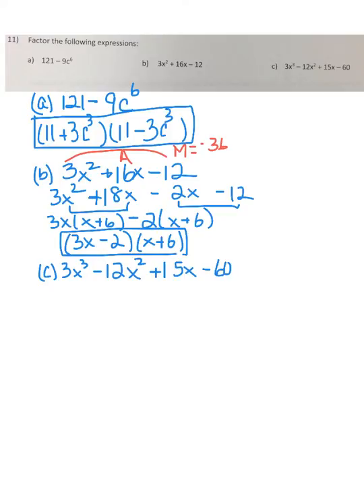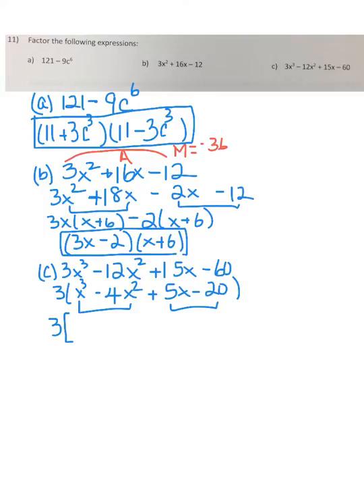So if I take a 3 out, factor that out, that's going to leave me with x cubed minus 4x squared, right? Plus 5x minus 20. There we go. Now I'm going to group, and let's keep going. I'm just going to use brackets here because sometimes it's a little less confusing.